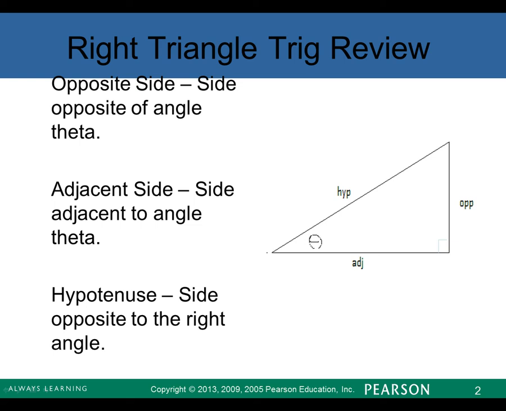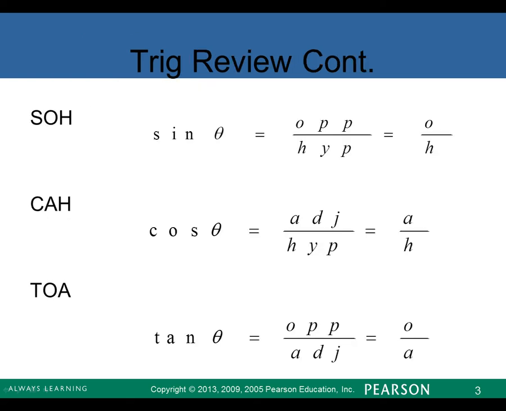And then the hypotenuse, that hypotenuse is always what in reference to a right triangle? It's the side that's always what? Opposite the right angle, that's right. So you can use this.